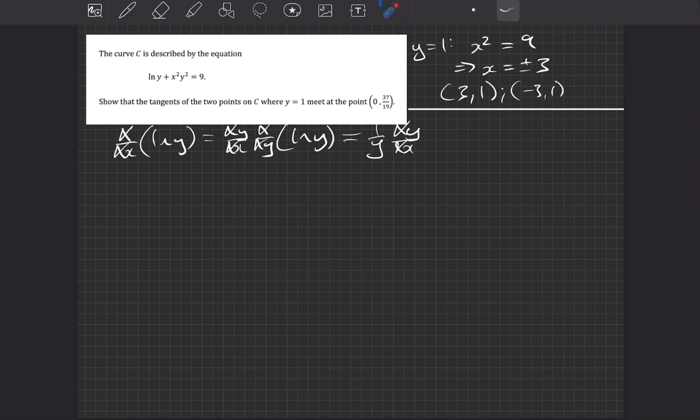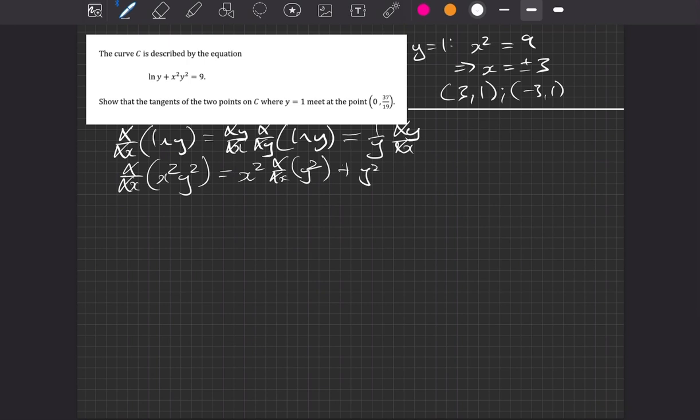Beautiful. When we have a term that has both the right variable and the wrong variable, the x and the y in this case, we need to use the product rule. So d/dx of x squared y squared, we can think about it as being equal to x squared d/dx of y squared plus y squared d/dx of x squared. This first term is very similar to the bit above.